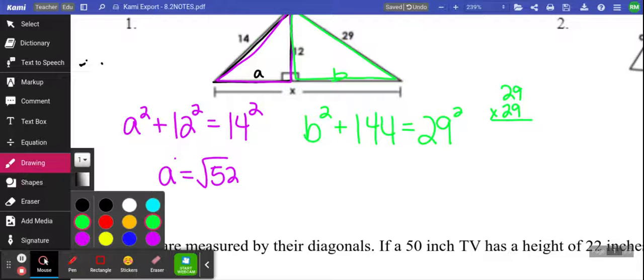You guys remember how to multiply double digits? No. You don't? I always use just a calculator. Oh gosh. Okay. 9 times 9? 81. Okay. 9 times 2? 18 plus 8? 26.